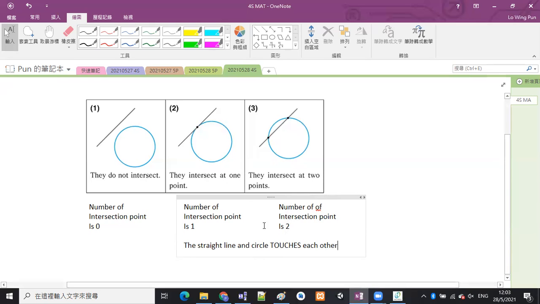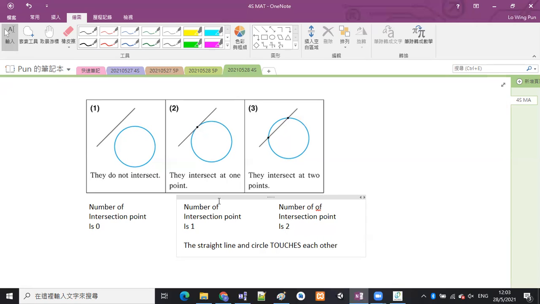The straight line and the circle touch each other. Or sometimes we will write the straight line touches the circle, or the circle touches the straight line. So the keyword is touch. Touch means only intersect at one point.